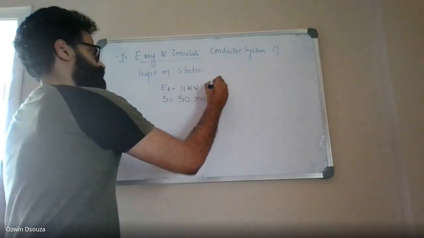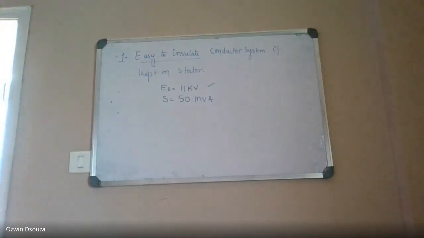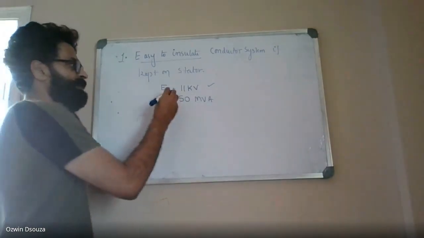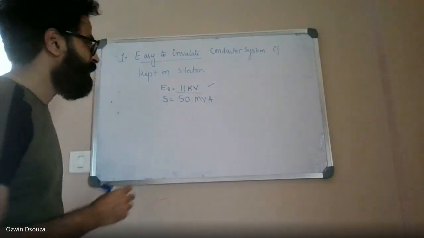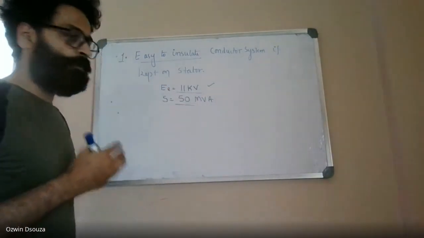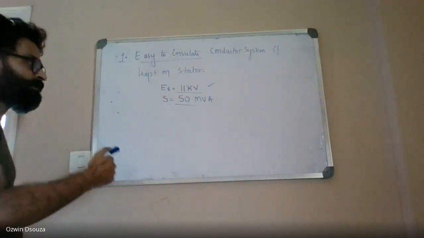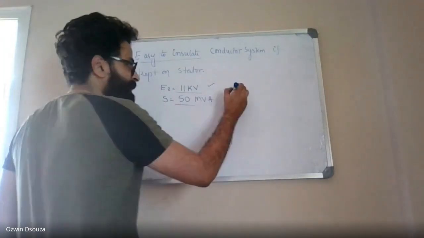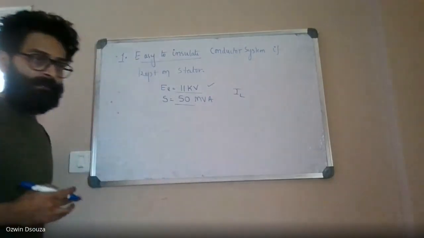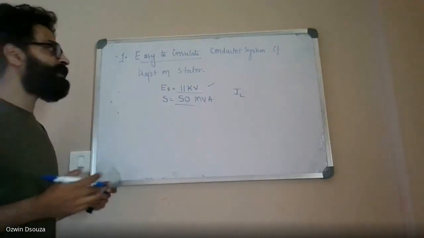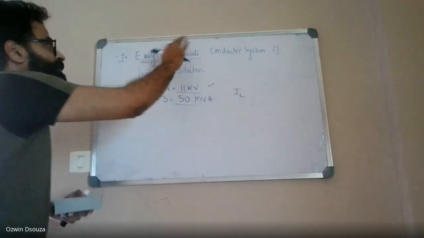So the total power handling capacity is about 50 megavolt amperes. So you can determine the line current, and having known the line current, you can appreciate the first fact.